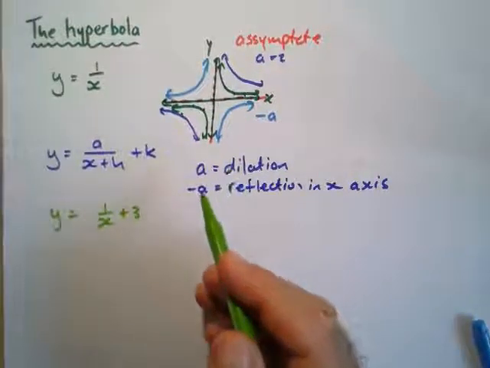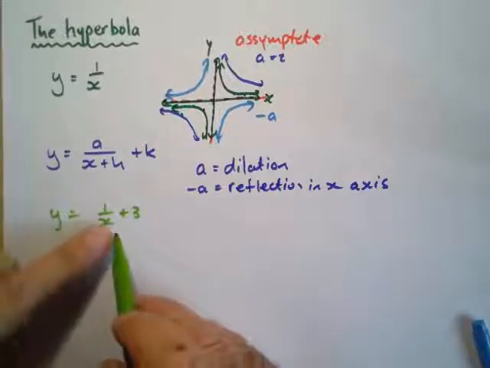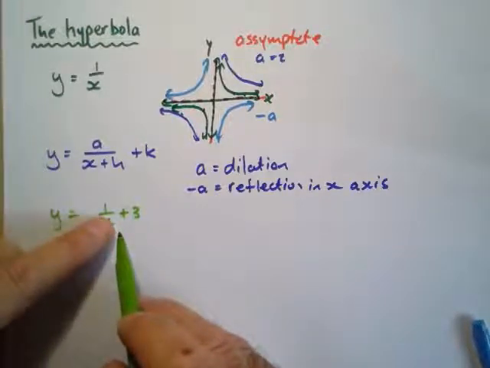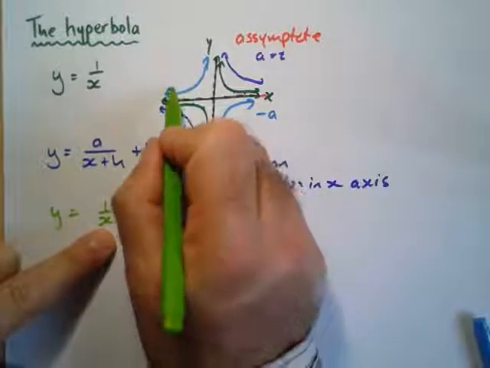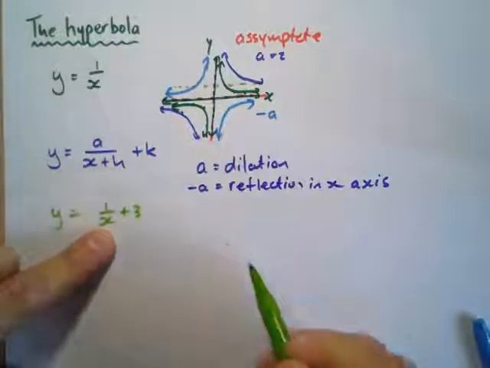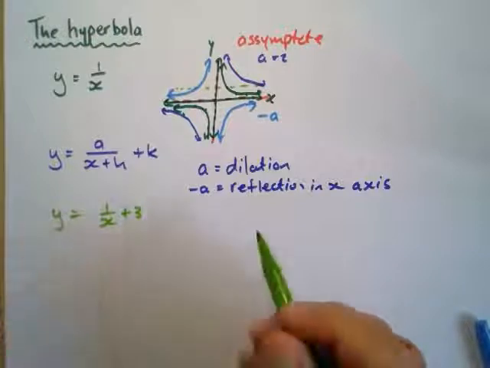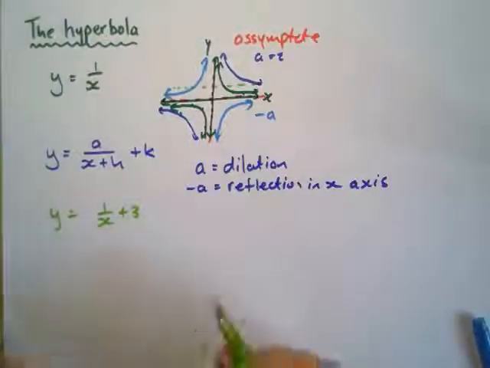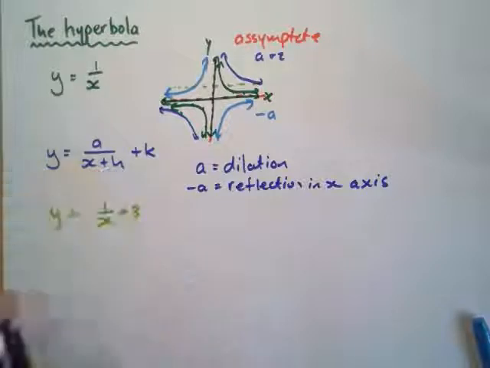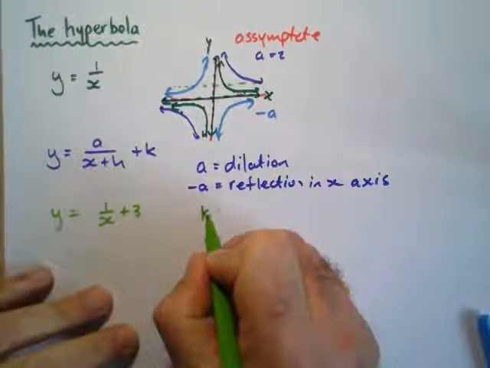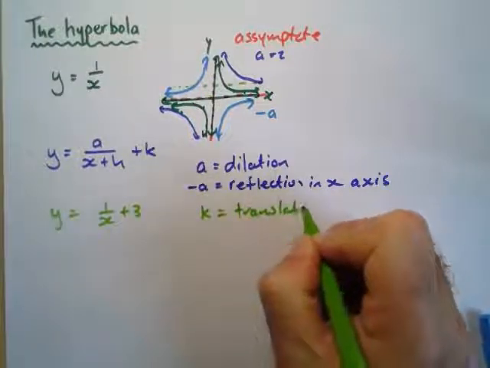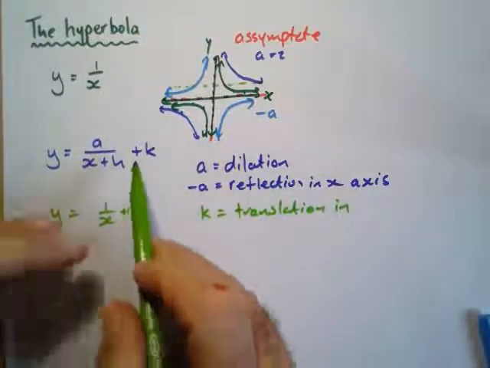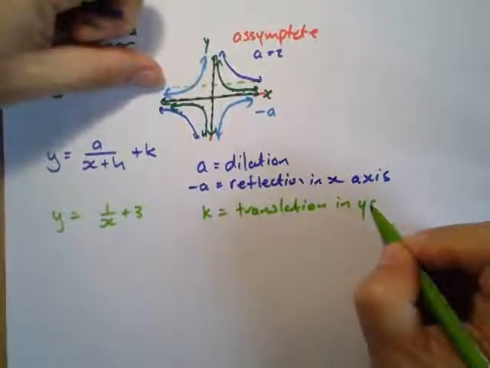So everything moves up. x can still not be 0, plus 3, which means this whole graph will move up. The plus 3 will sit over there, and the whole graph needs to move with it. So k is the translation in the y direction.